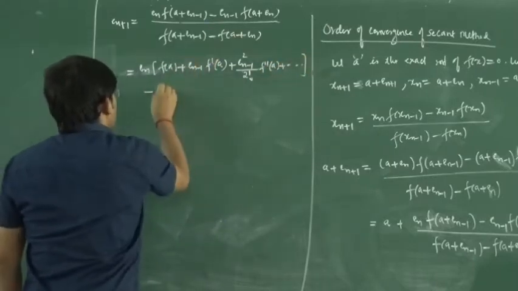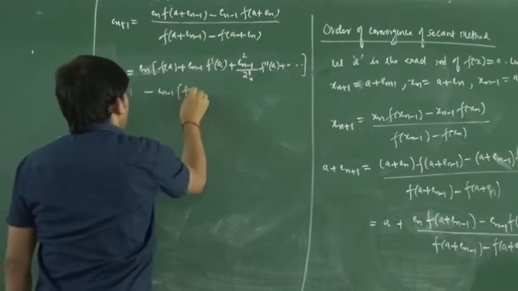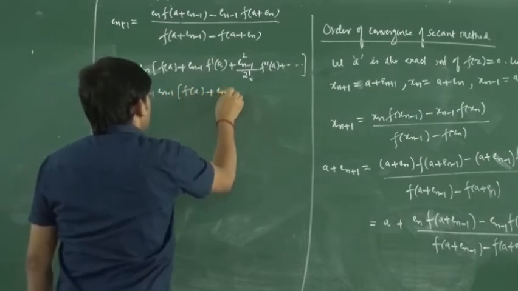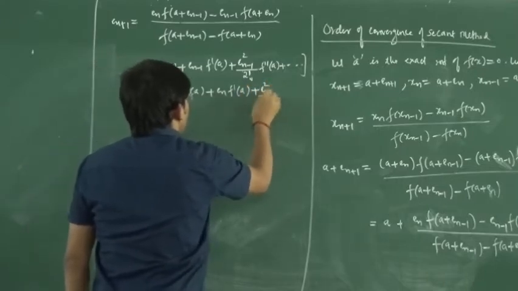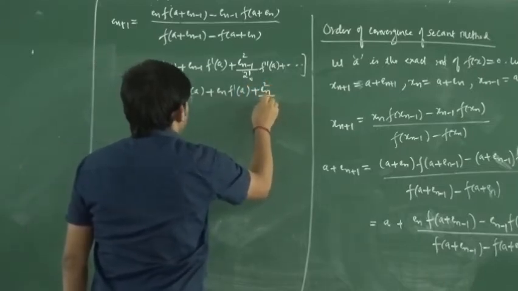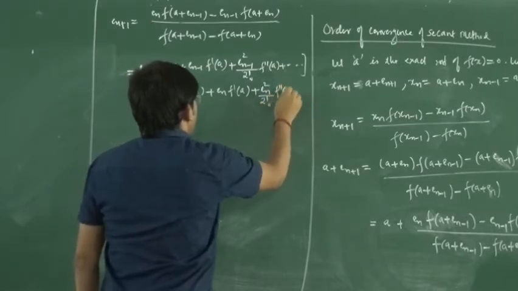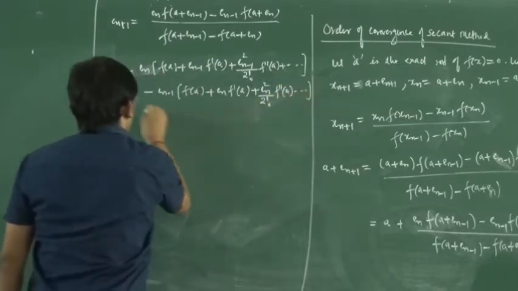Similarly, minus e_{n-1} times f(a) plus e_n f'(a) plus e_n squared upon factorial 2 f''(a), and then again the remaining higher order terms.